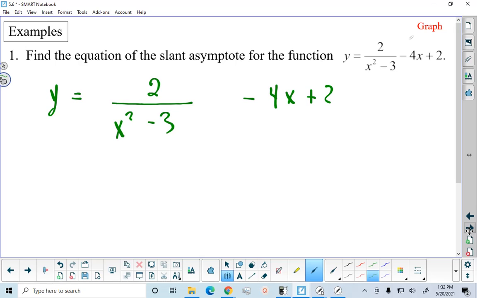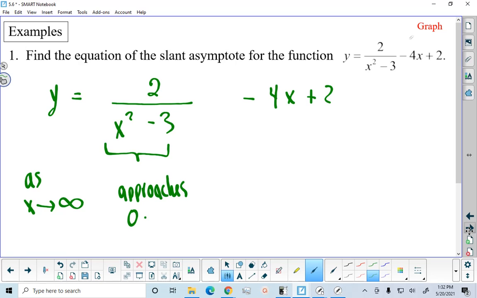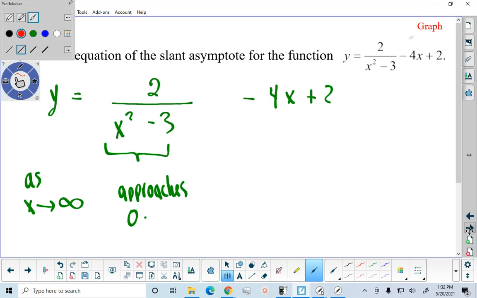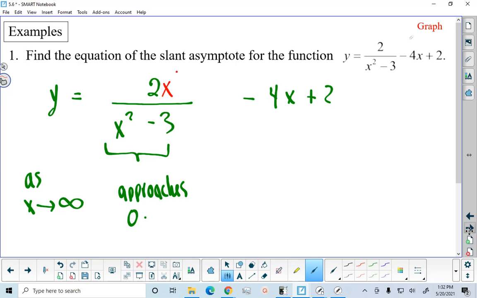Well, as x approaches infinity, this approaches 0. And I'm really using a shortcut here. I don't want to have to find the limit. I'm just using the shortcut that says when the degree on the top is smaller than the degree on the bottom, the limit as x approaches infinity is equal to 0.